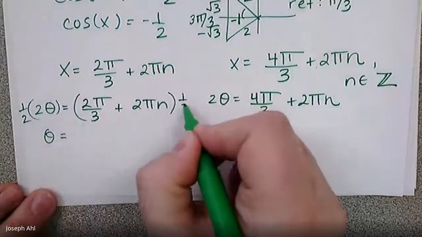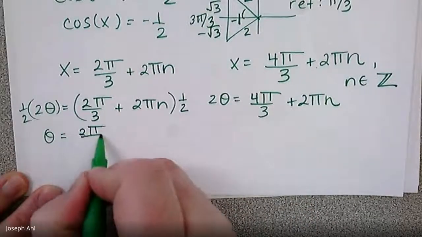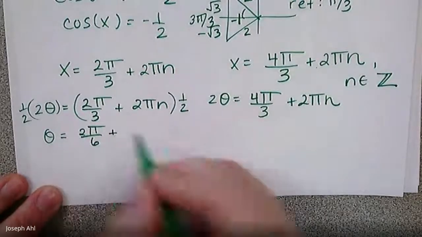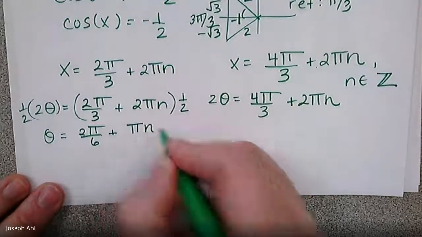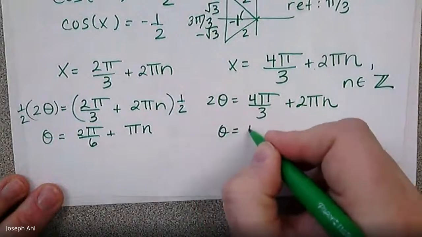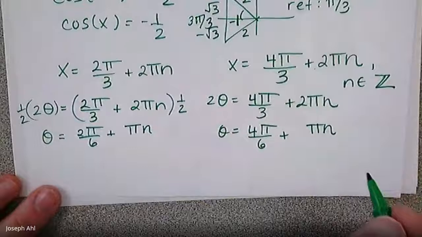And that might be easier to see that when I multiply this by a half, I now become 2 pi over 6, which I know reduces, but I'm going to leave it like that for now. And then over here, this would be, well, half of 2 is 1, so isn't that just pi n there? Similarly, over here, if you multiply both sides by a half, you get 4 pi over 6 plus pi n.